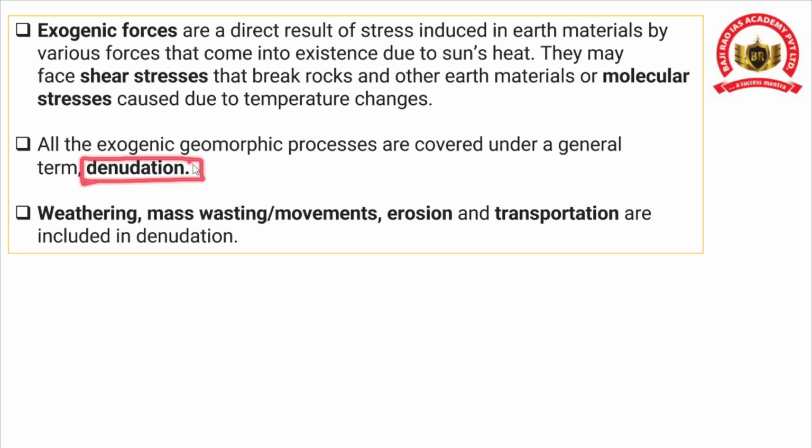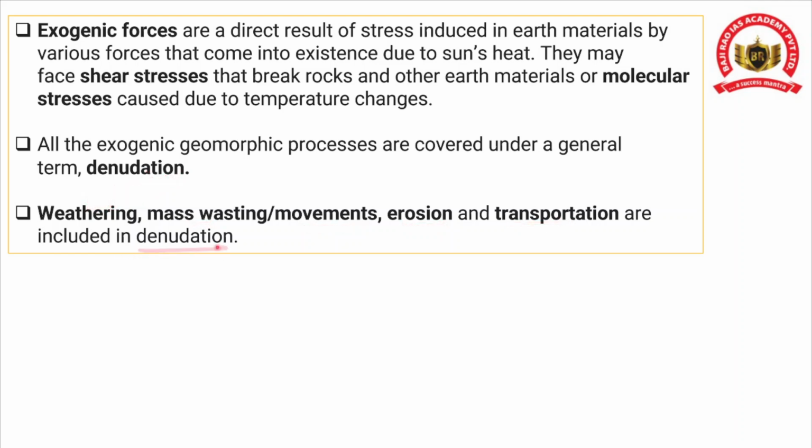Denudation involves weathering, mass wasting or movement of topsoil, and erosion and transportation. All these factors are considered part of denudation. Weathering is soil formation, and along with it, mass wasting, movements, erosion, and transportation are all part of denudation.